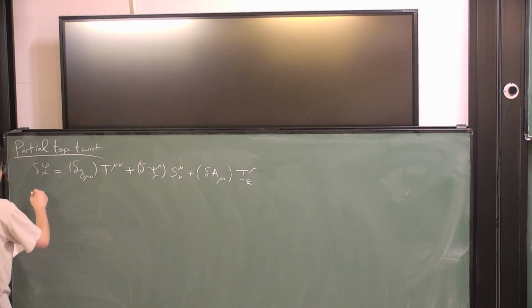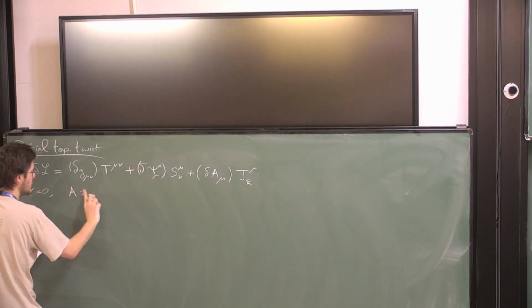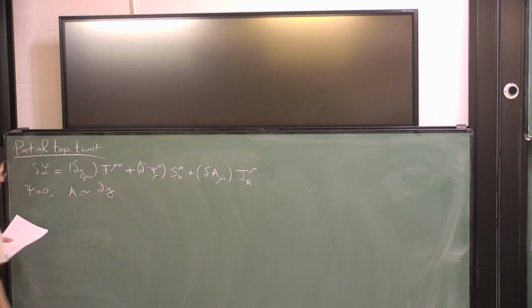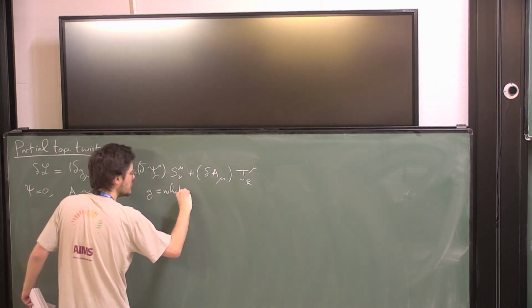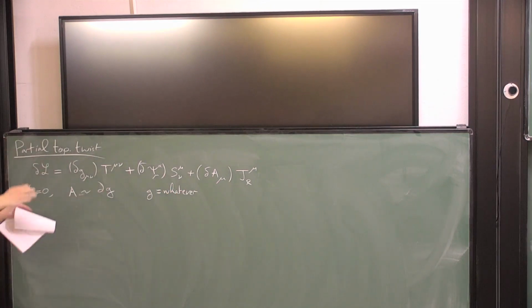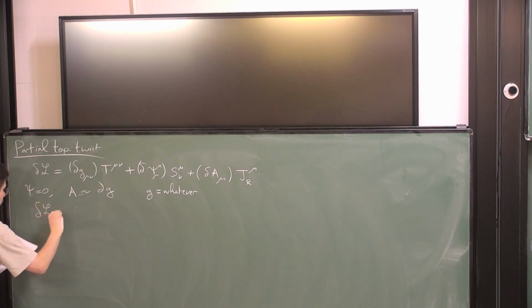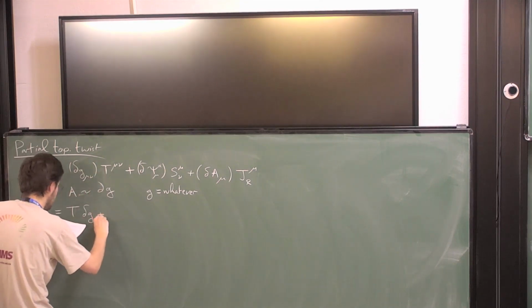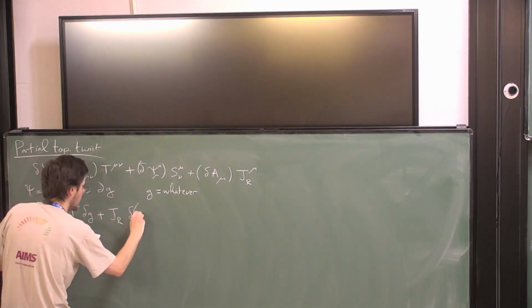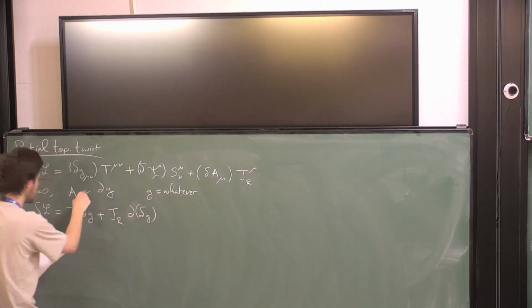What we're going to do is pick a background where psi is just 0, no strange fermionic background, and A is, roughly speaking, a derivative of G, and G is going to be the metric on this Riemann surface times M4. And what happens is that when you look at this, it's T delta G plus J_R delta A, because I picked this particular choice.